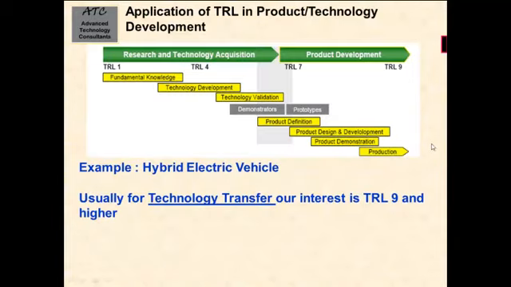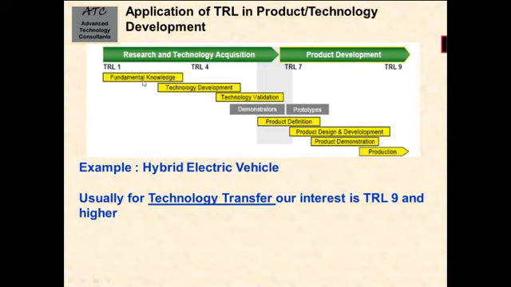So, let me give you another example of application of TRL in product technology development. Here is one from a report on hybrid electric vehicle development. You see on top research and technology acquisition, and there's a transition at TRL 6 and beyond, which is technically product development.